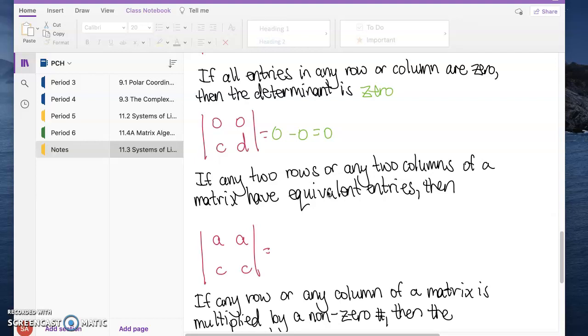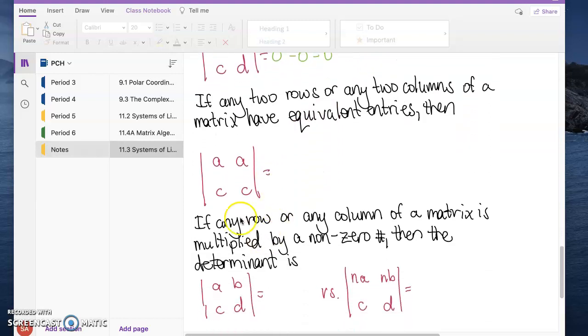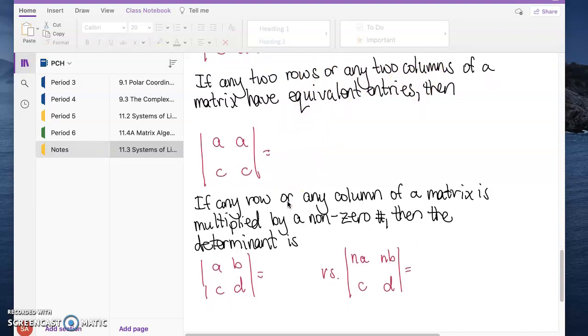Okay? If any two rows or any two columns of a matrix have equivalent entries, then, so do you see, now I'm showing rows having equivalent entries and another row having equivalent entries. So 2 rows or 2 columns have equivalent entries. So I want you to try this one on your own.